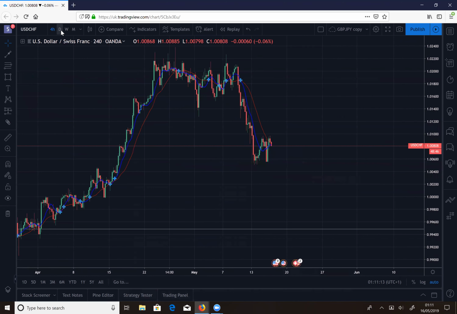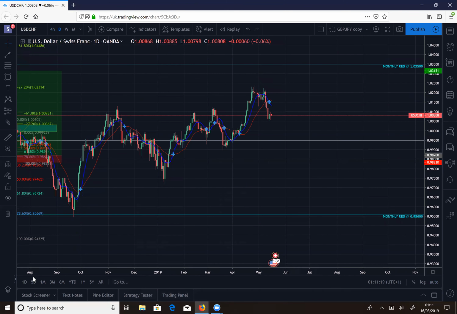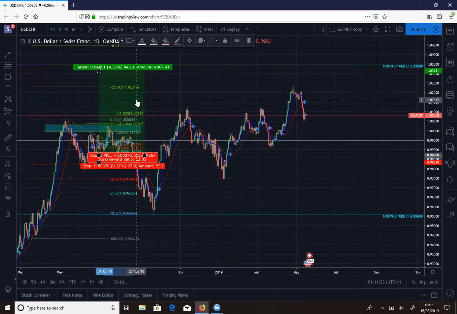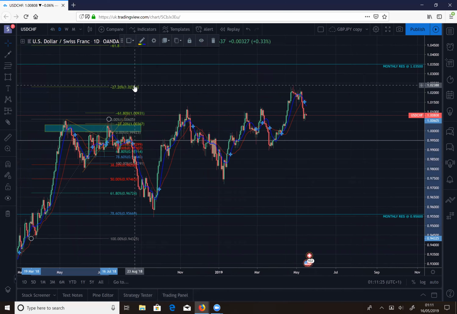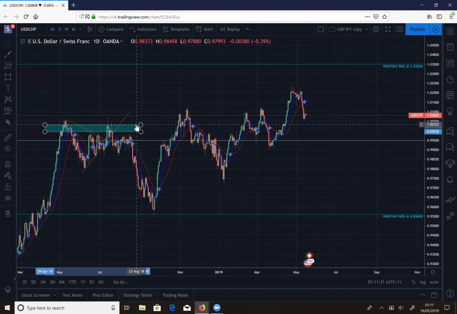Okay then, so this one is pretty straightforward. This is some old analysis from years ago. Every time I go into this, it won't save my new settings. Do you know what I'm saying?